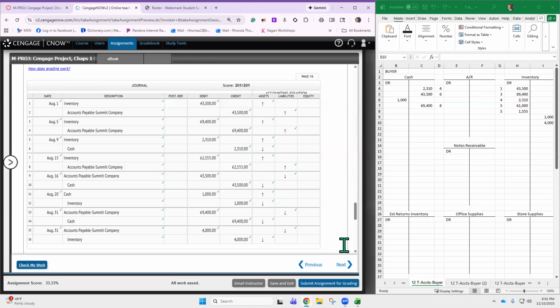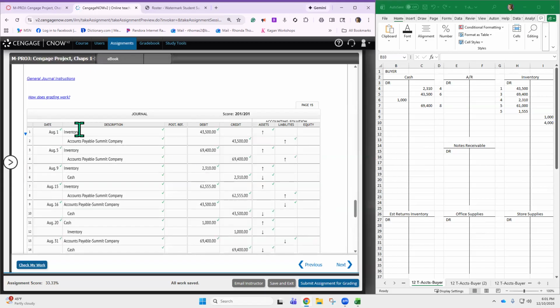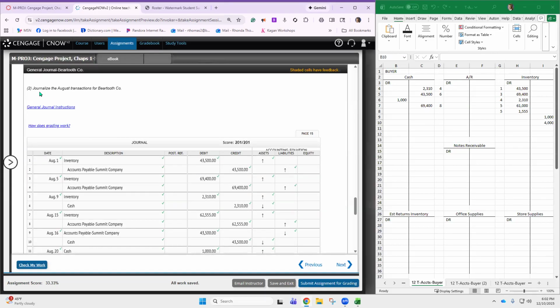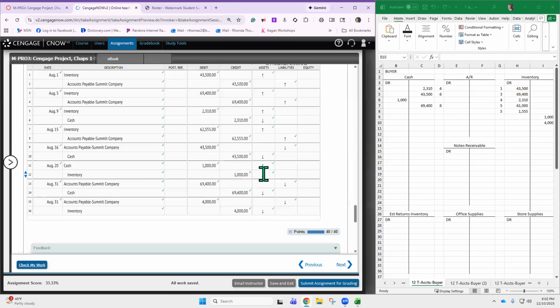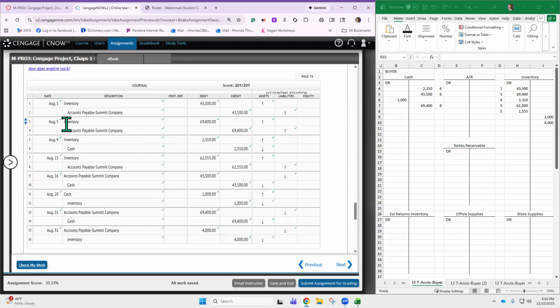The buyer, I believe. Okay, and that's the one I screwed up on, so I'm not surprised that you're having troubles. Here's how you know. This is the General Journal. Okay, so this is the one where you're getting the red. Correct. Okay, so let's just walk it out.